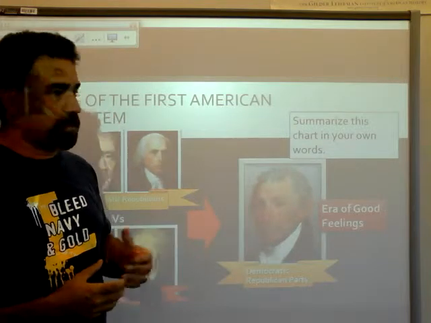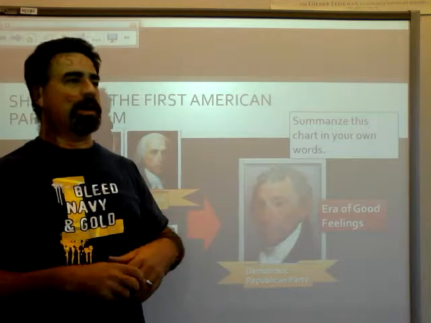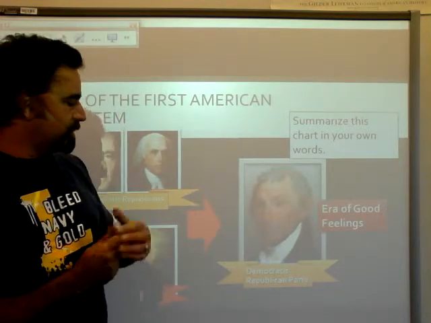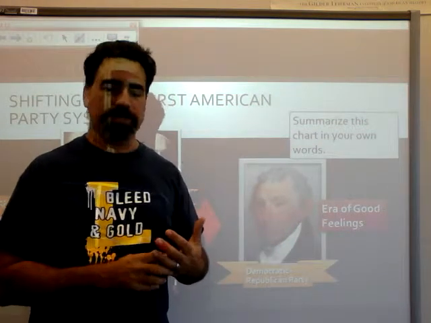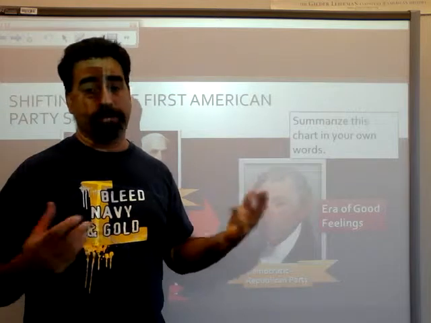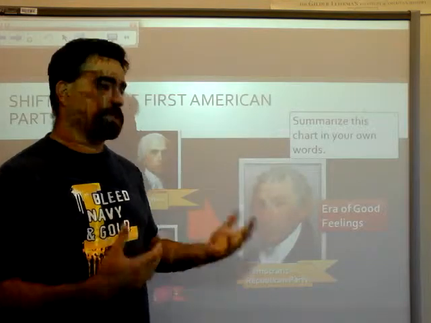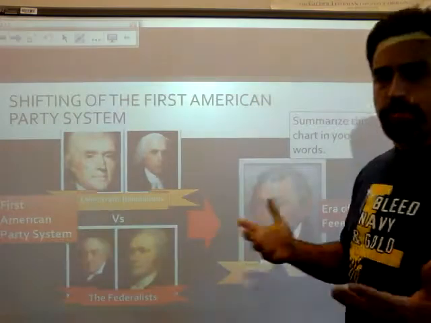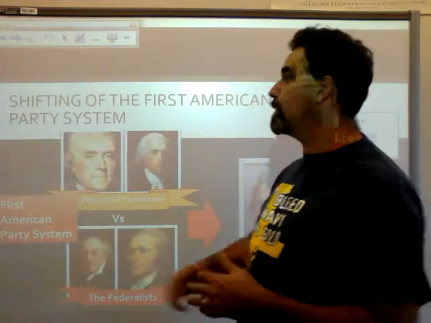This is one in which you basically have one party, an overall consensus on how to run the government, and the Democratic Republicans are actually going to incorporate the Federalists into their party, and consequently are going to incorporate some Federalist ideas, such as the National Bank. So this is the first American Party system, but it's not going to last very long.